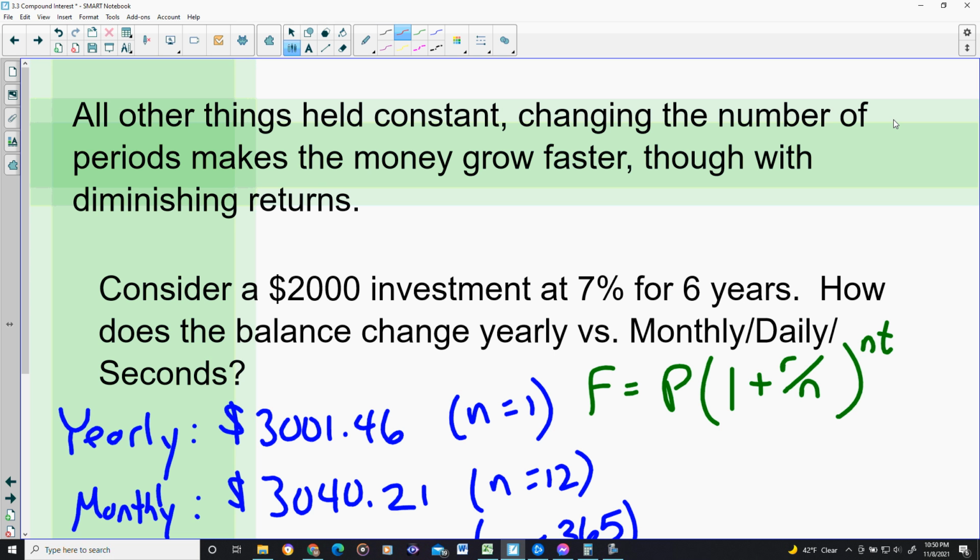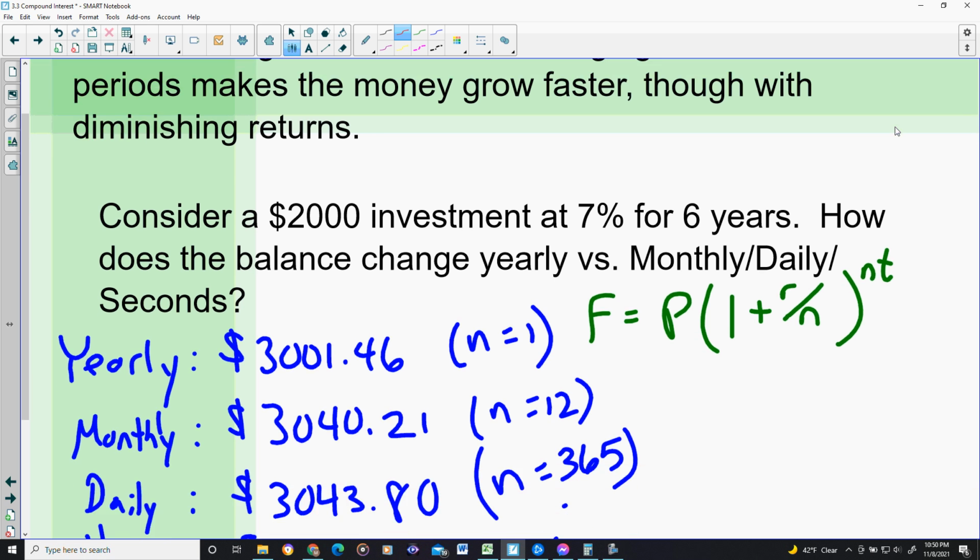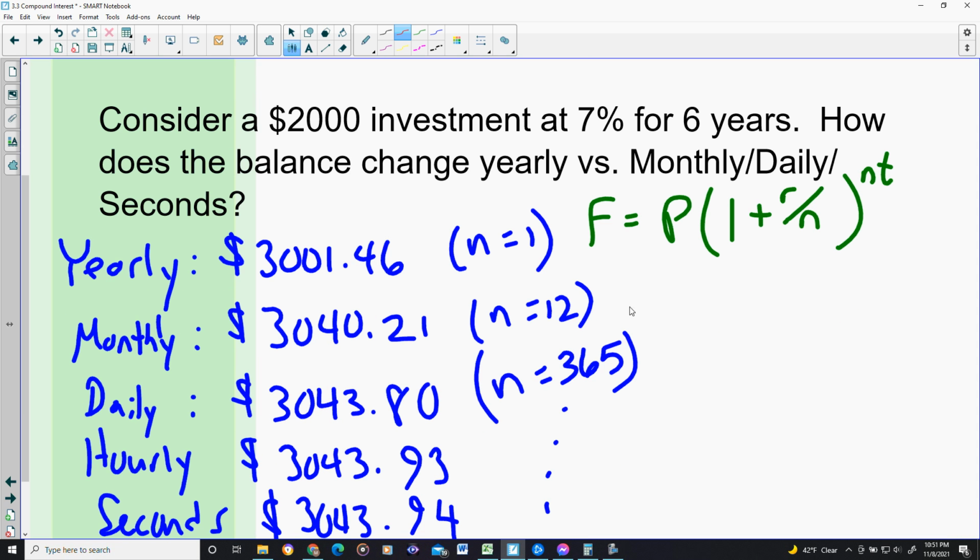P is 2,000, R is 0.07, N is 1, and T is 6. What if you change to N is 12? Then it becomes 7 over 12% interest every month for 72 months. The amount goes up to 3040.21. Daily, if N is 365, you get this amount.